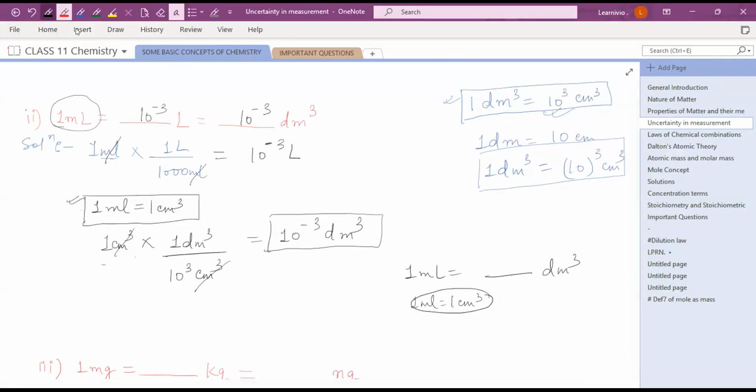We will write 1 centimeter cube instead of this 1 milliliter. Why? Because 1 milliliter is equals to 1 centimeter cube, so we can substitute the value.